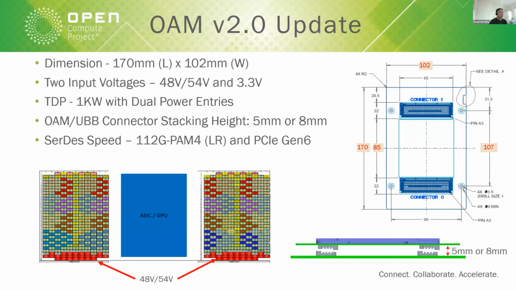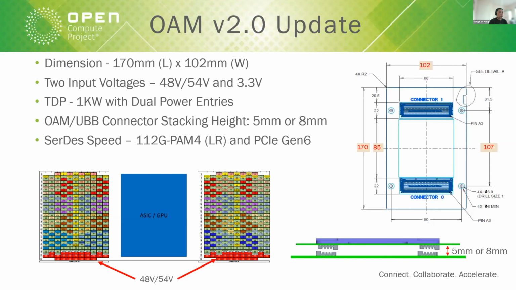And we're also adding flexibility on the stacking connector height for the OAM to the UBB. So we're adding an option that depends on the power delivery design, or if you need more space underneath the OAM, then you can go with the 5 mm spacing. So it creates flexibility depending on the customer design. If you are more focused on the SerDes or power delivery, you can have some trade-off there.